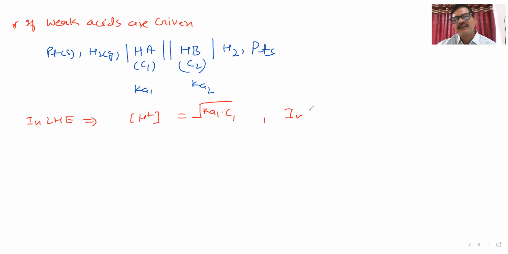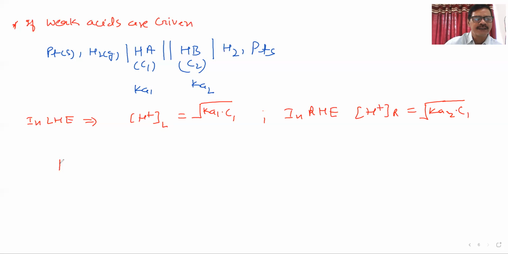And in the RHE, H positive of R, we can say this will be equal to root K2 into C2. So now we already know that pH of L minus pH of R is equal to EMF of the cell divided by 0.0591.